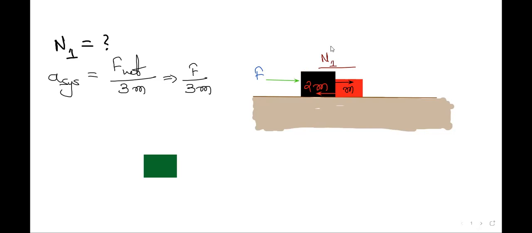Draw or mention all the forces acting on 2m. First force, that is N1, is acting due to m, right? Other, that is F, is acting. So this is N1, this is F.